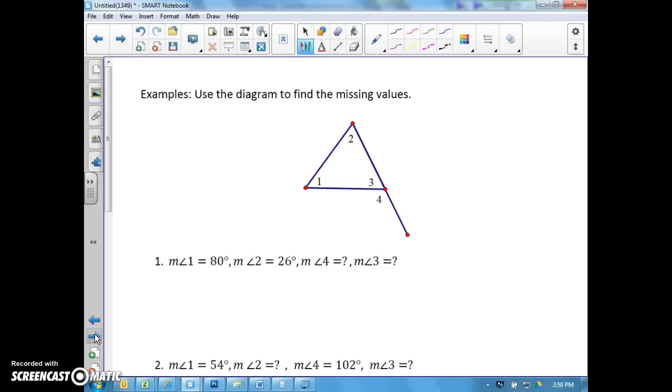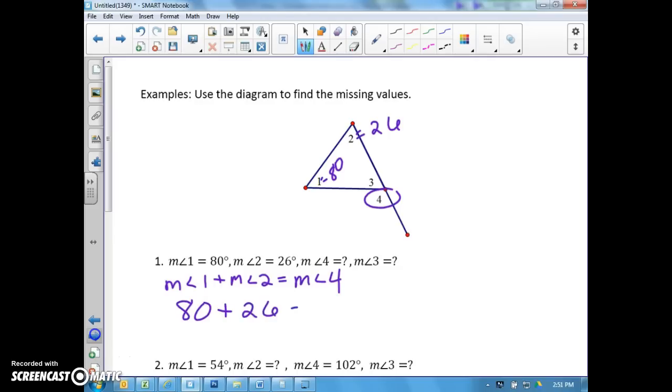So for example, if I know angle 1 is, sorry, just 80, and angle 2 is 26, well, I know from the theorem we just learned that the measure of angle 1 plus the measure of angle 2 has to equal the exterior angle, measure of angle 4. That's a really easy thing to solve. I end up getting that the measure of angle 4 is 106 degrees.